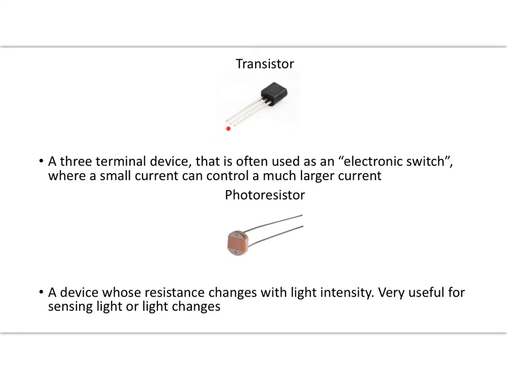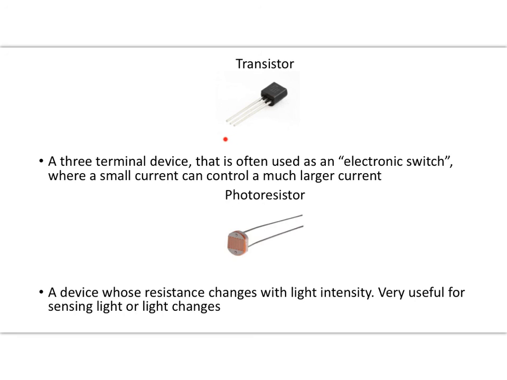This center terminal can be connected to a port on the Arduino, and then with a very small amount of current, that can control a larger current between these 2 terminals on the outside, the emitter and the collector.